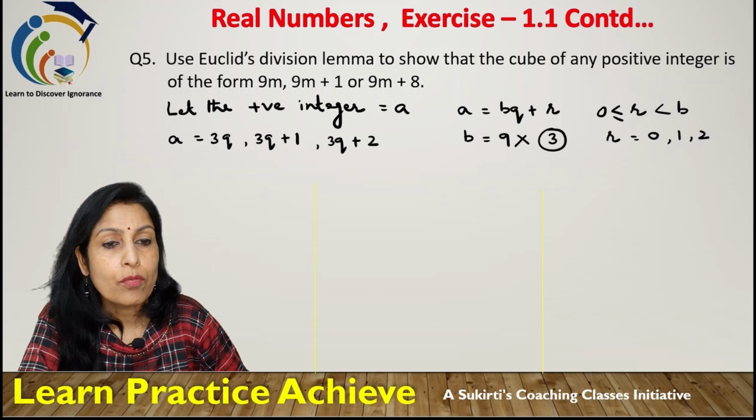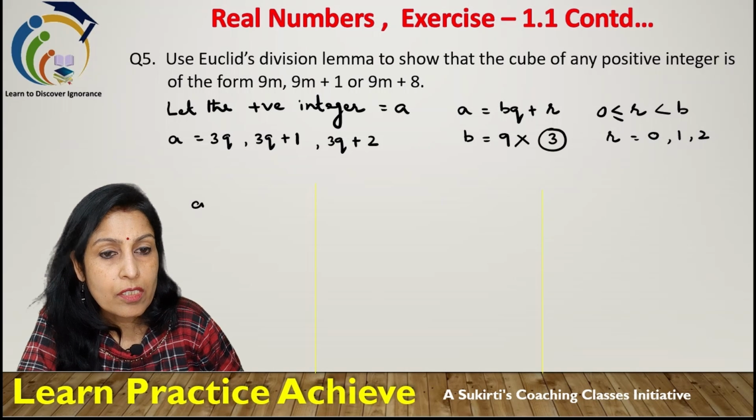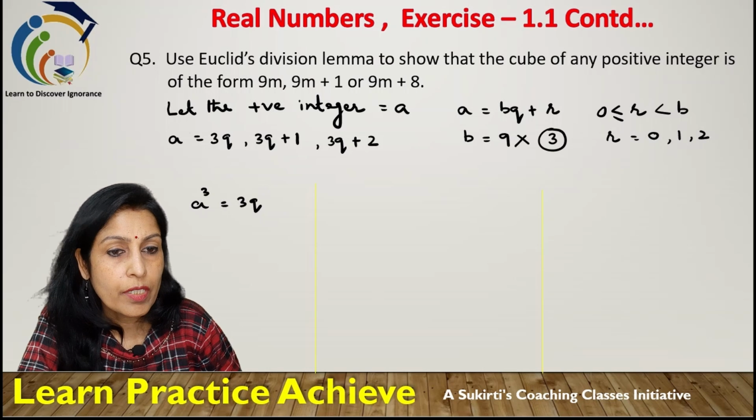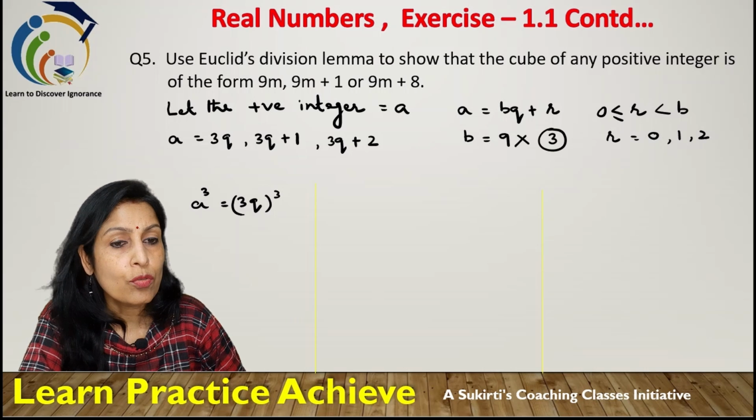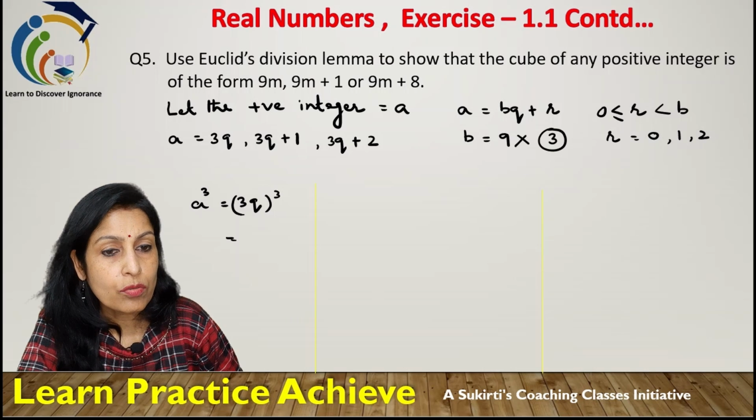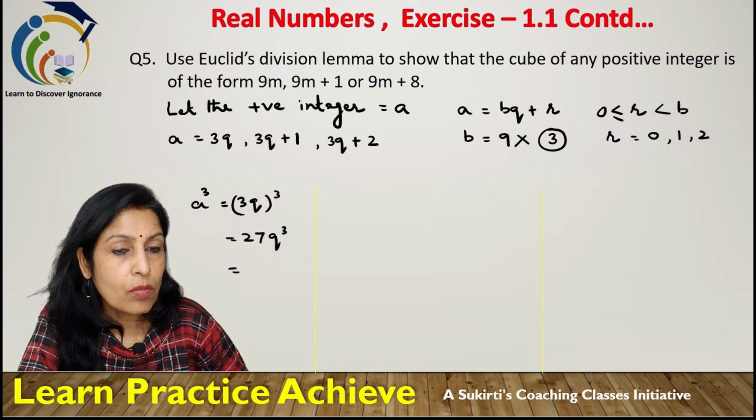Okay, so now we will put the value. If a is equal to 3q, then what is a cube? a cube is equal to 3q whole cube. So this is equal to 27q cube. Now you will take 9 as common, because in the question it is given 9.